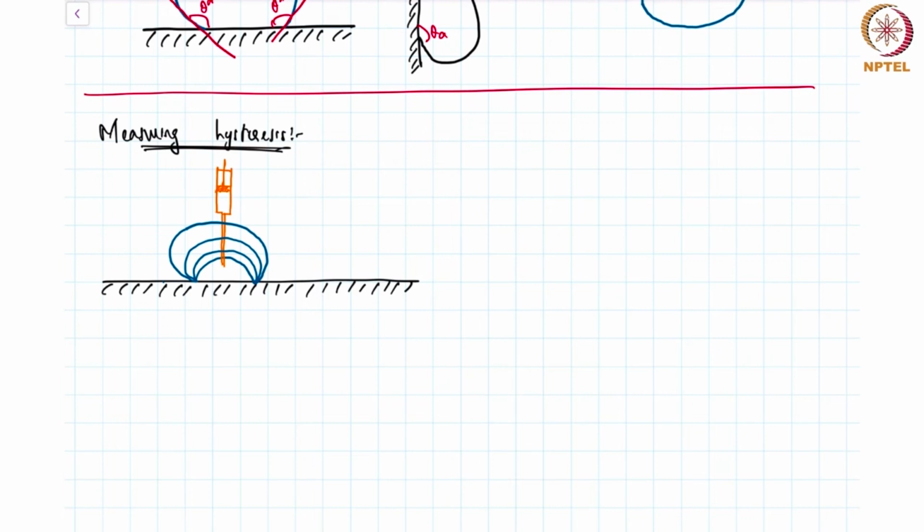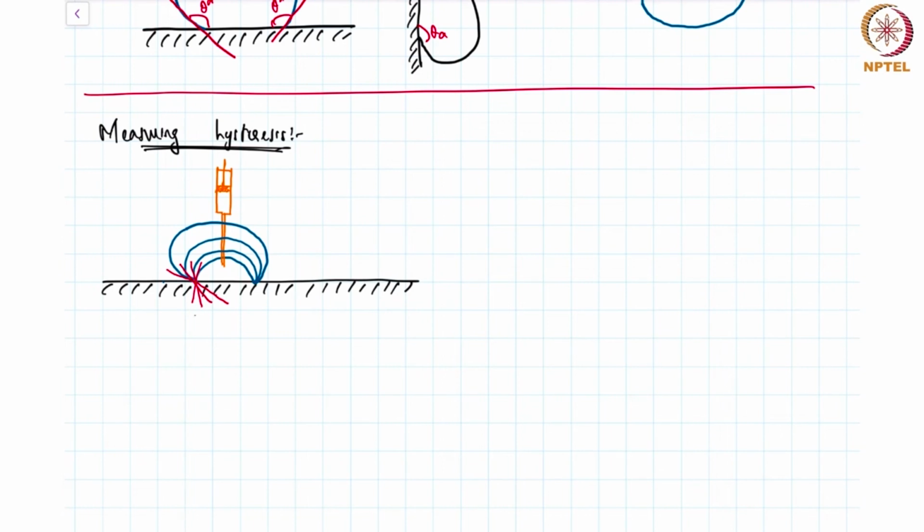So in each case, the angle, initially the angle was this, then the angle, I'm just showing the slopes there, has reached some critical value. Once it has reached that position, the contact line position cannot be fixed anymore.